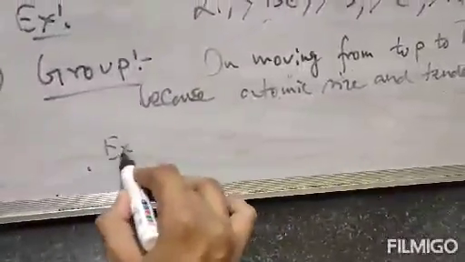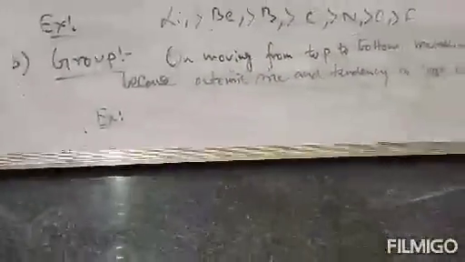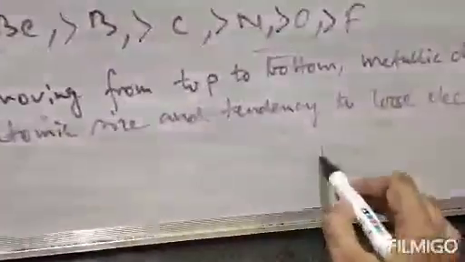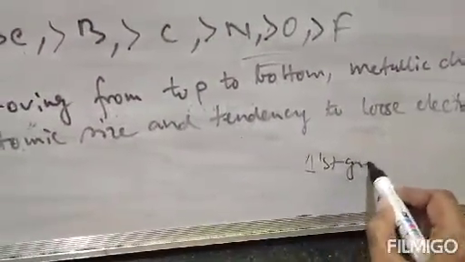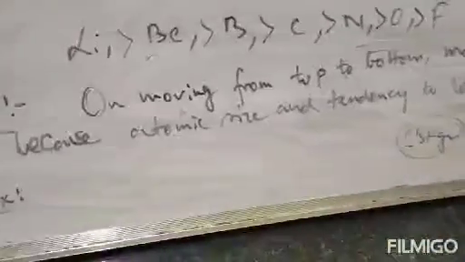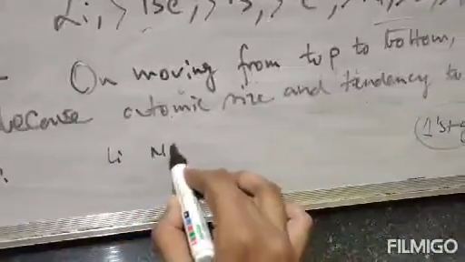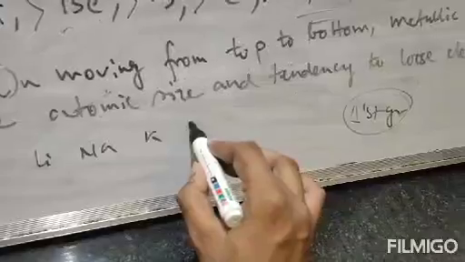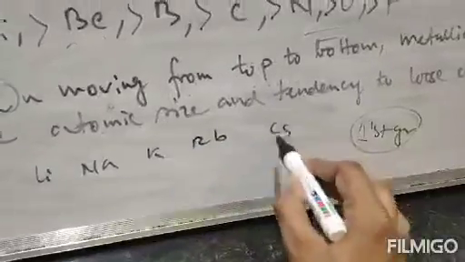Example, group of elements. If you see any group of elements, you can find this property. So take the first group of elements, like lithium, sodium, potassium, rubidium, cesium.